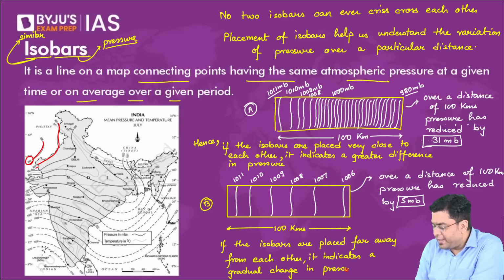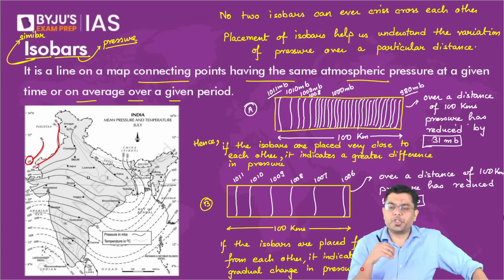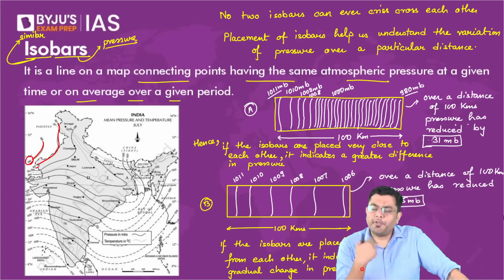So, by the placement of the isobars, we can always conclude whether the pressure is changing suddenly or very gradually.